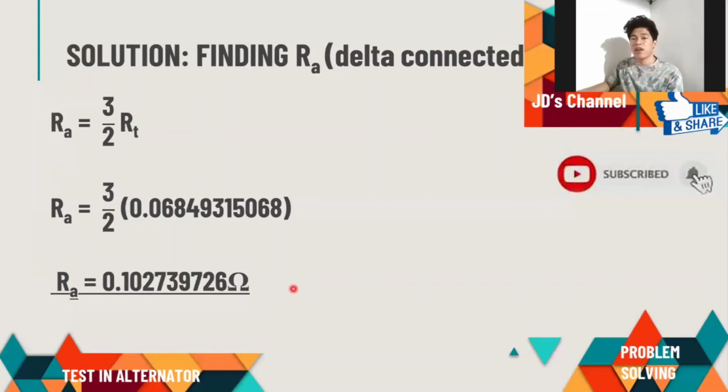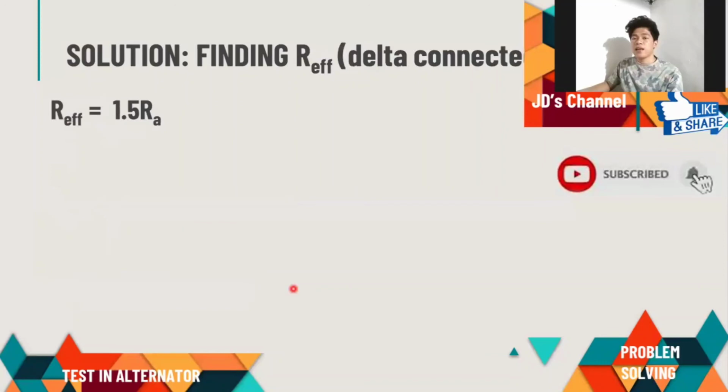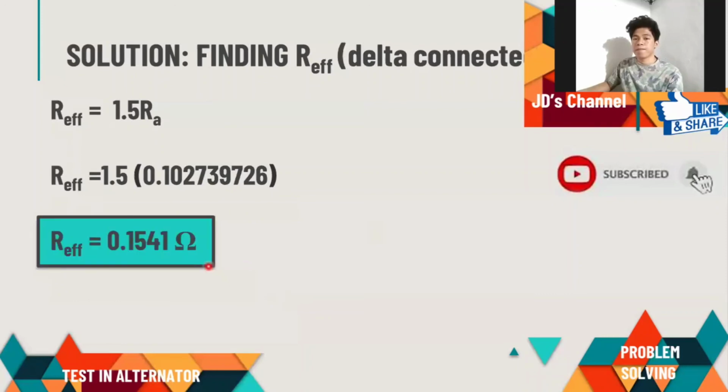So that is the value of our RA in delta connected, and now finding the effective value in delta connected. We just multiply by 1.5 again our obtained RA. And then the answer would be 0.1541 ohms. That is our computed value for the effective value if it is delta connected.